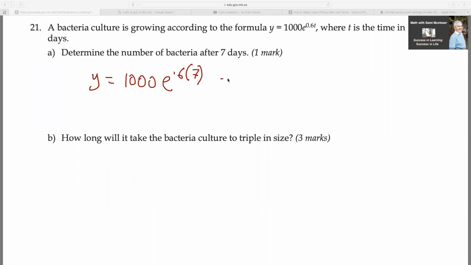And it gives me 66,686 bacteria. So that's the answer for this.